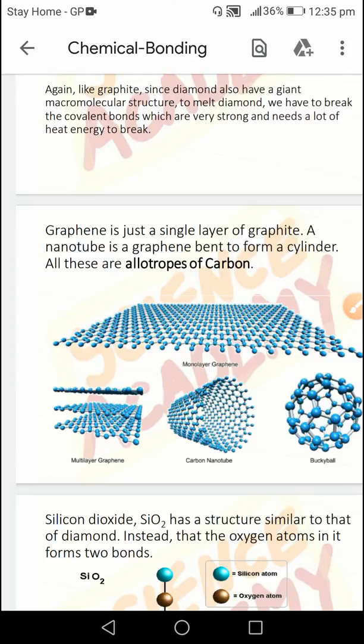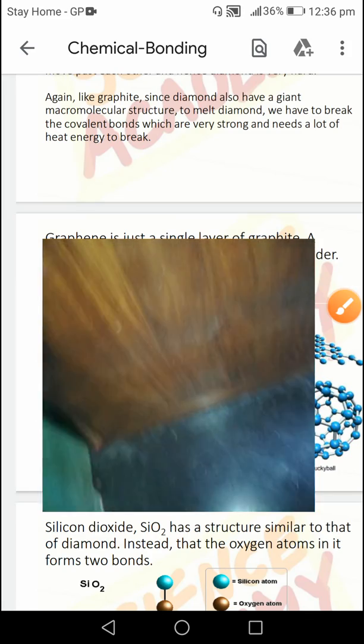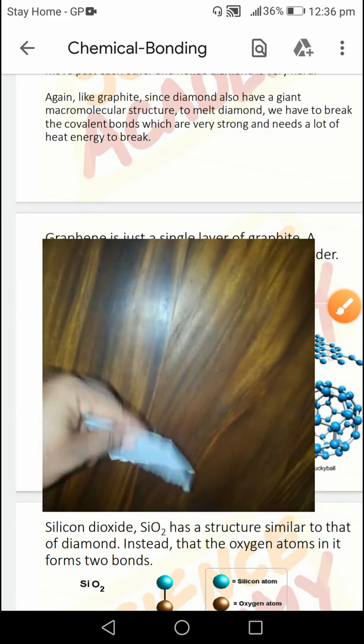But unlike graphite, graphene and the nanotubes are very hard because there are no layers, and if you want to deform this structure, then you have to put a force within a single layer. All right, within a single layer. Okay, let me show you. So graphite is like this.